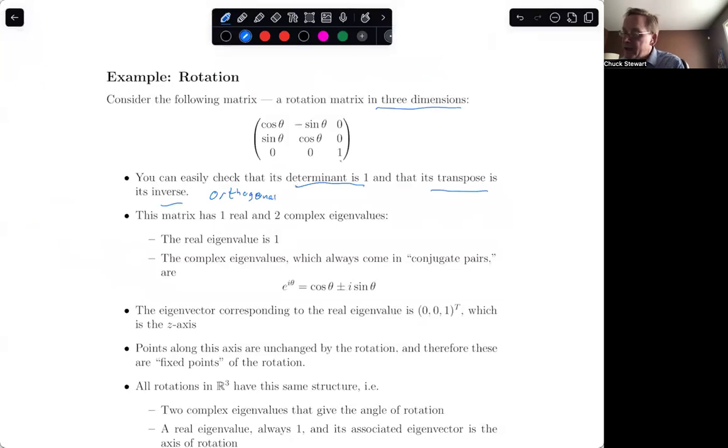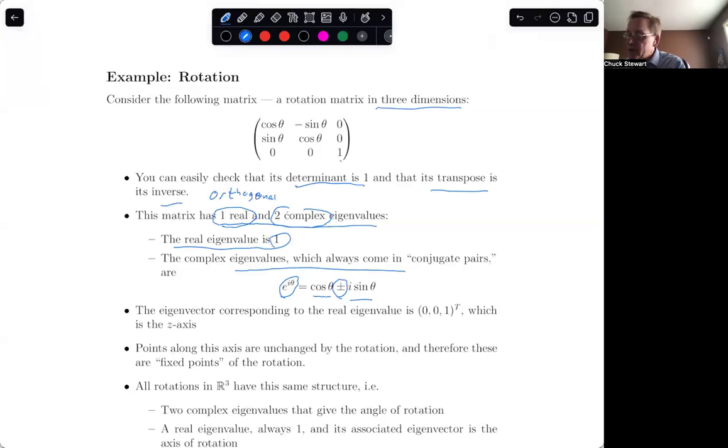If we look at the matrix and look at its eigenvalues, we have 1 real eigenvalue and 2 complex eigenvalues. The real eigenvalue is 1, which is really easy to prove. And the complex eigenvalues, which always come in conjugate pairs, are e to the i theta, or thought of another way, cosine theta plus or minus i sine theta.